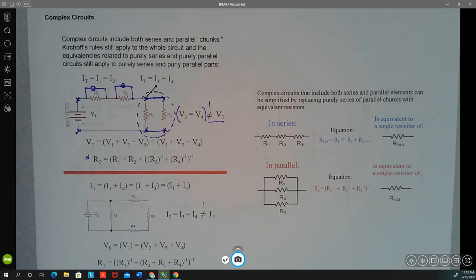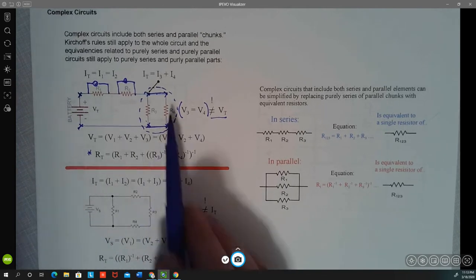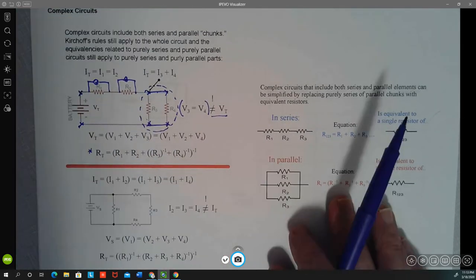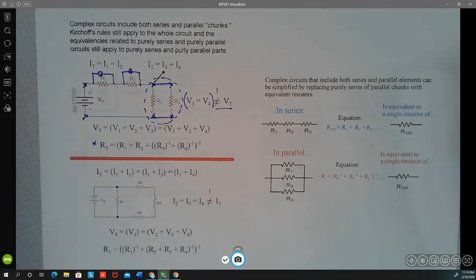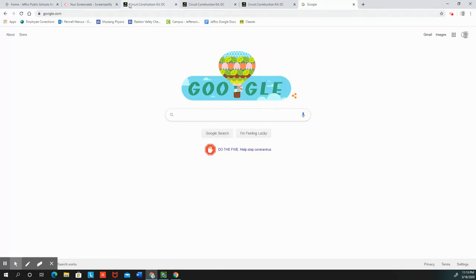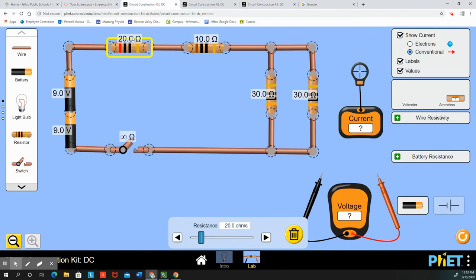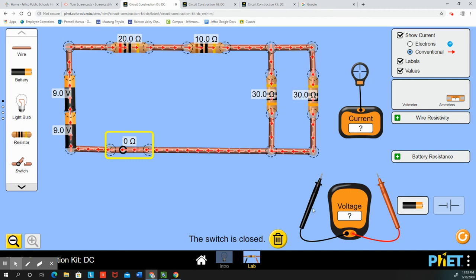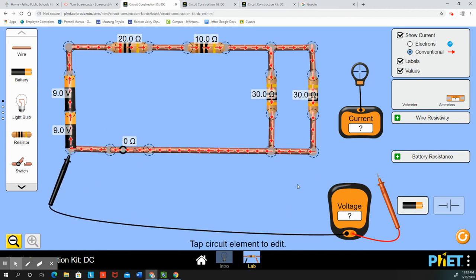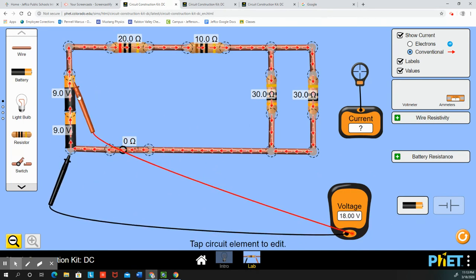So let's go onto the PhET website and let's take a look at a circuit that looks just like this. You can keep your notes in front of you, but as we take a look on the PhET website, what we'll see is I've got a resistor here where resistor 1 is, another one where resistor 2 is, another where resistor 3 is, and resistor 4. And if I close the switch, current will start to flow. I've got 2 9-volt batteries, so if I measure the voltage across the 2 cells together, those add up to 18 volts.